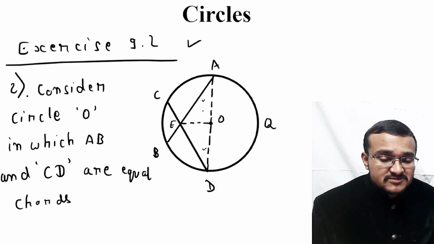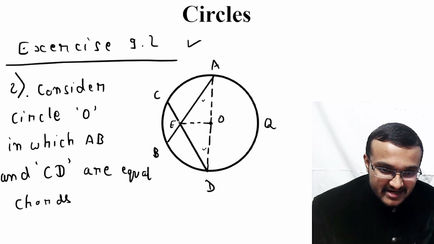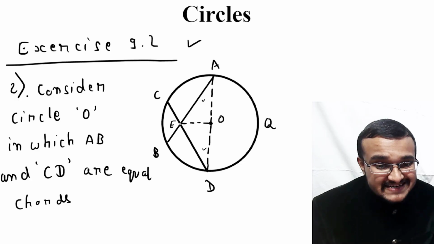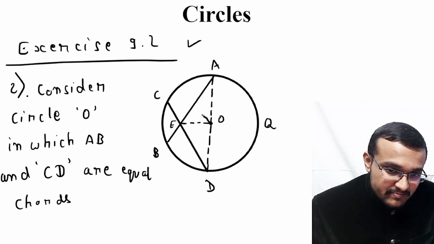So now we have this particular diagram. Here we are considering a circle O in which AB and CD are equal chords. AB is one chord and CD is another chord, which is intersecting at E. We will draw a perpendicular line to AB, and we'll also draw a perpendicular line to CD.